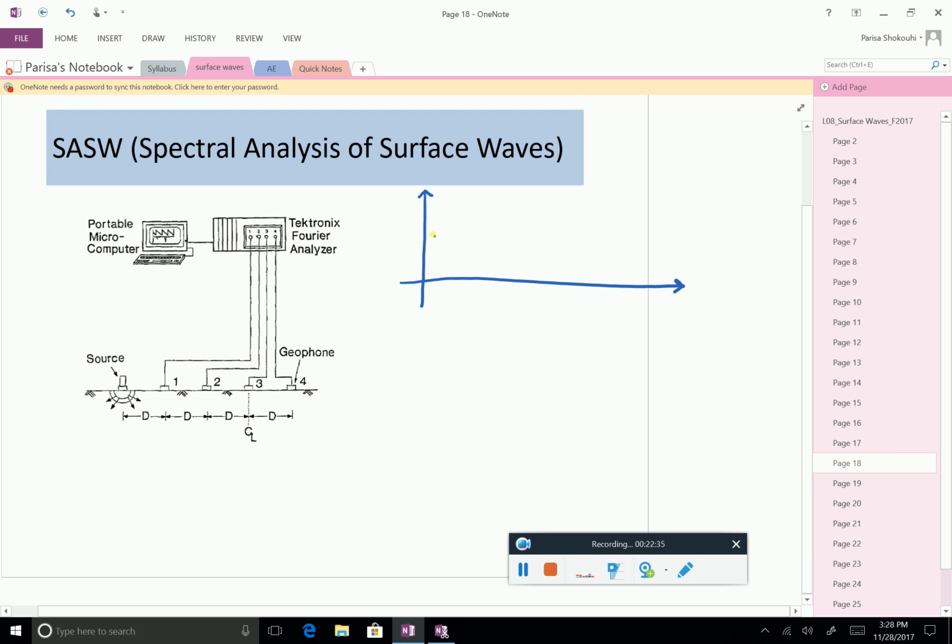One thing that we discussed long time ago was, I think maybe the first class or the second class, was if we had a sinusoidal, here we have time, and here we have amplitude. So this is just a sinusoidal, let's call it, I don't know, sine omega t.